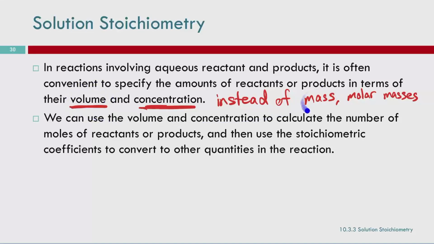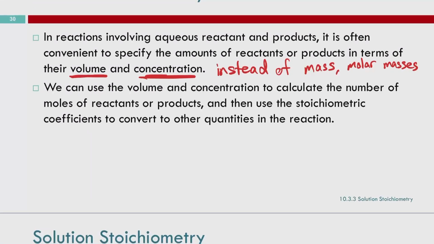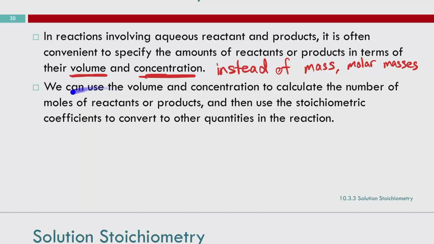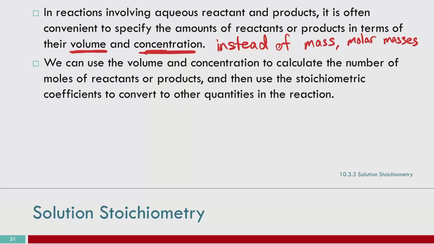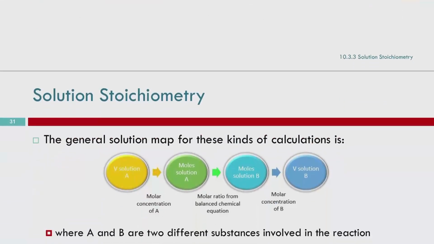So volume and mass are kind of analogous in these calculations, and concentration is our conversion factor, similar to how molar mass is. We can use volume and concentration to calculate moles of a reactant or product, and then we do the same stoichiometry that we've always done. It's the same steps. The stoichiometry part has never changed. It's just that the volume and the concentration to start the problem is new.